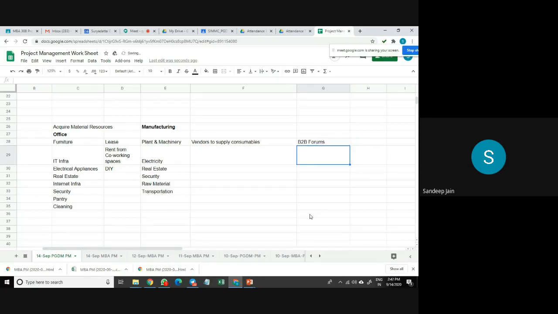Can you give me examples of B2B forums? Sir, references, online platforms. One is, I think, IndiaMart, and then there have been some spin-offs from Amazon and Flipkart into the B2B space. Udaan is one of them. And there are other B2B forums to get in touch with the vendors.